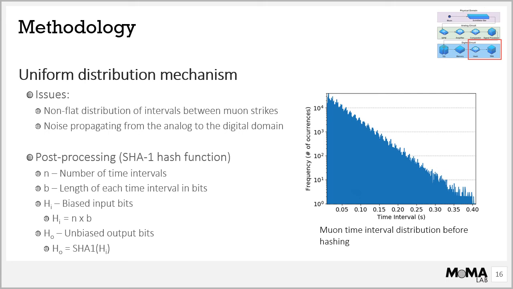In our case, we pass an input of 168 bits through SHA-1, and we generate 160 unbiased bits as an output. And the reason for choosing this number of 168 bits is because it allowed us to maximize our random number generation rate while we still produced random results.